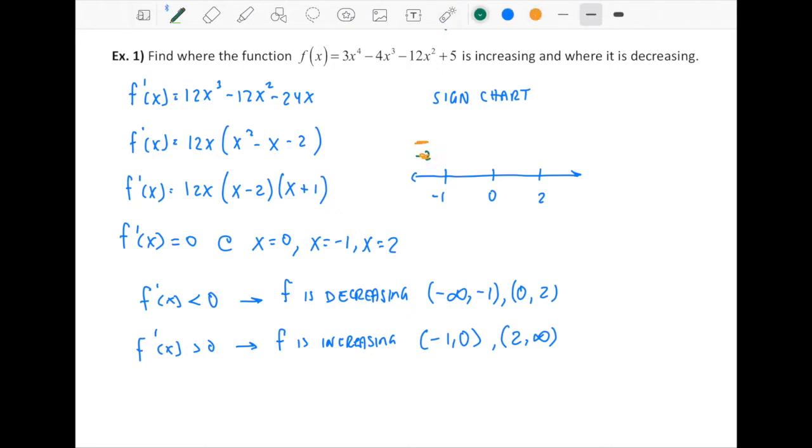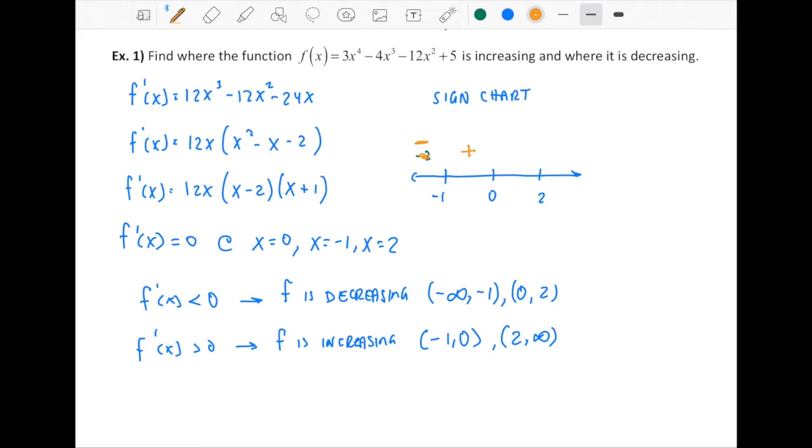I'm going to pick some number between -1 and 0, say -1/2. Plugging -1/2 into 12x gives a negative. Into x minus 2, negative. Into x plus 1, a positive. 2 negatives is positive, so the whole thing is positive on that interval.